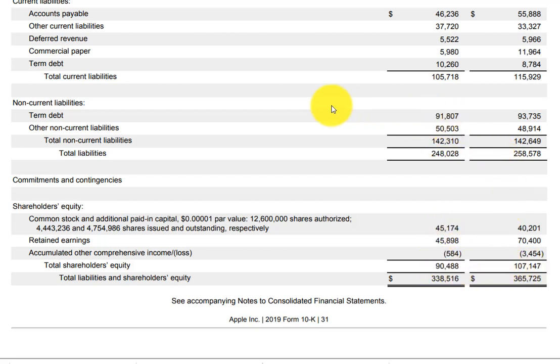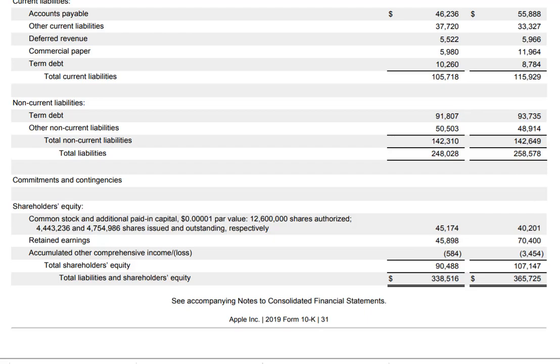So we know the comparison, we know things about what happened to Apple in terms of their liabilities. Notice how little it changed on the non-current liabilities. Almost identical from year to year. We can see that they paid a large amount in dividends. Those are all things.